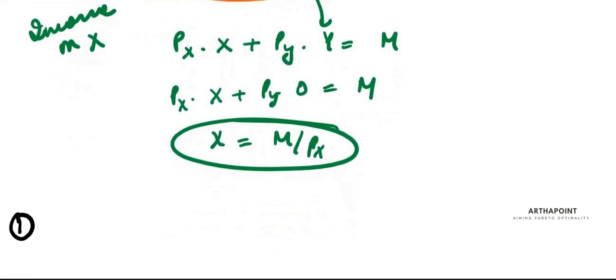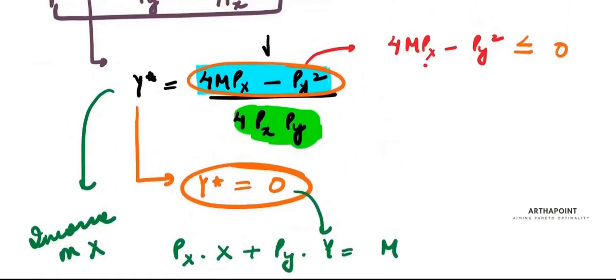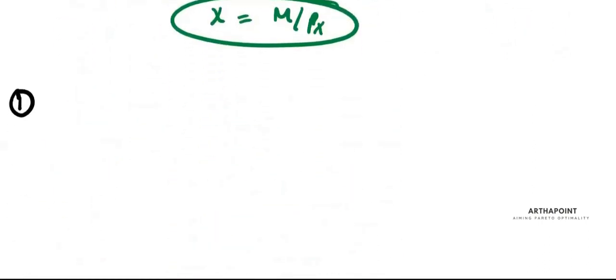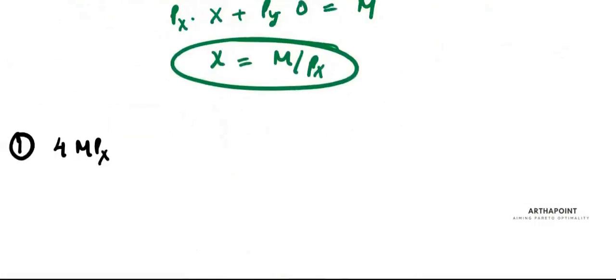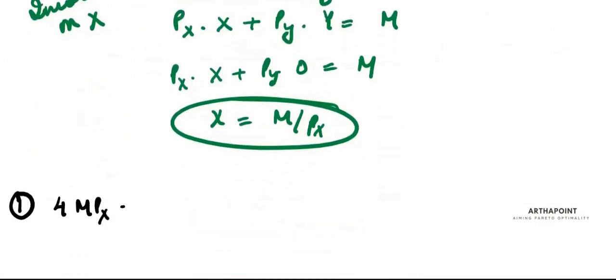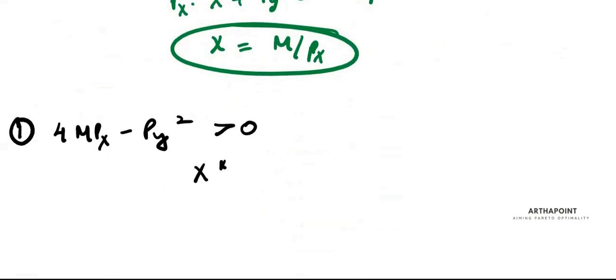Answer 1 exists when the numerator of this y is positive. So when 4mpx minus py square is strictly positive, then you will consume x star as (py upon 2px) whole square.